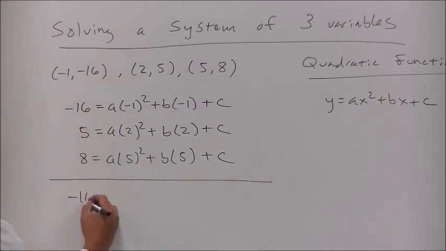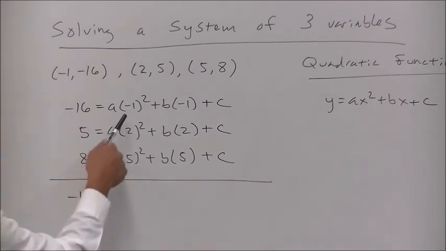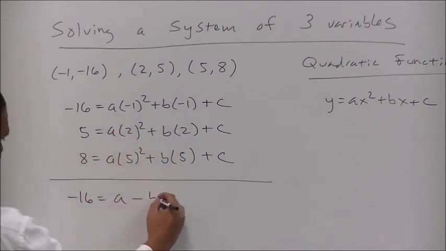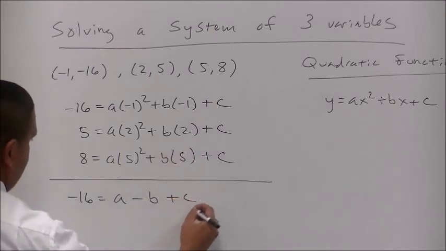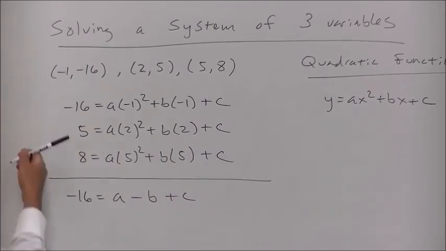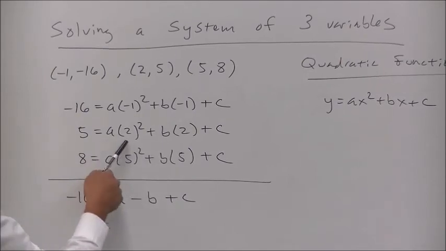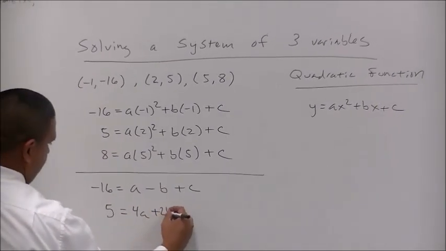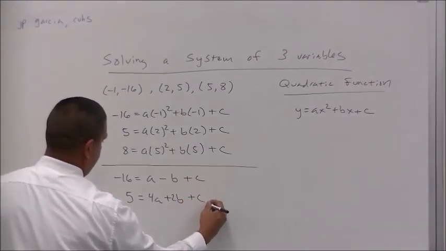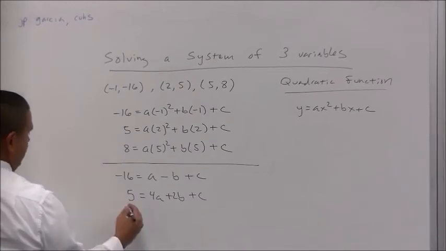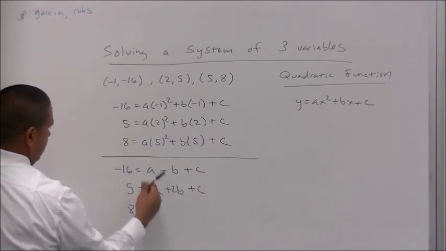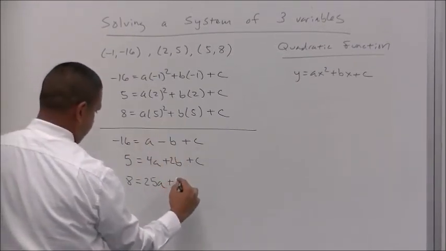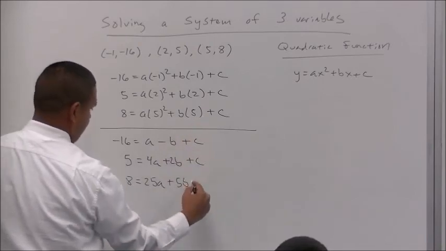So we're going to have negative 16 equals A minus B plus C. And here, 5 equals 4A plus 2B plus C. And the third one, 8 equals 25A plus 5B plus C.